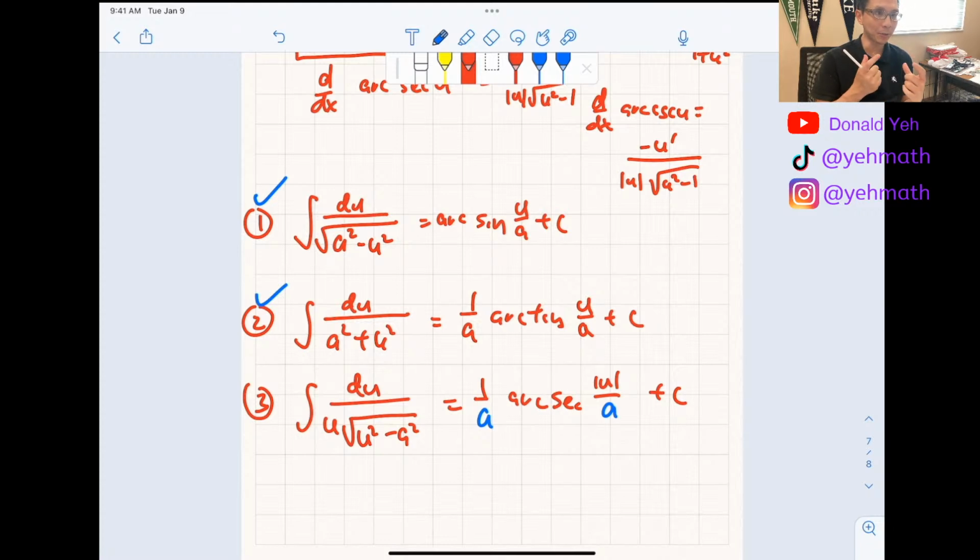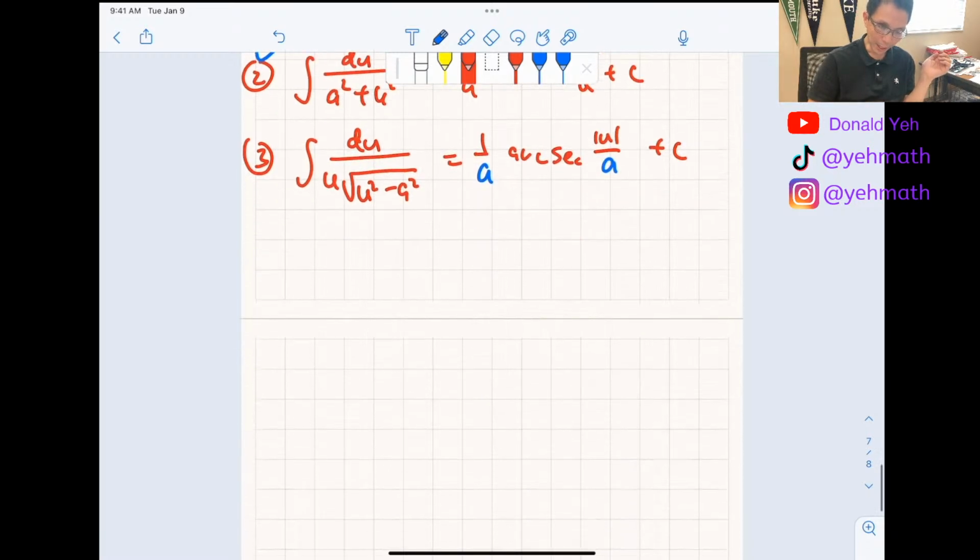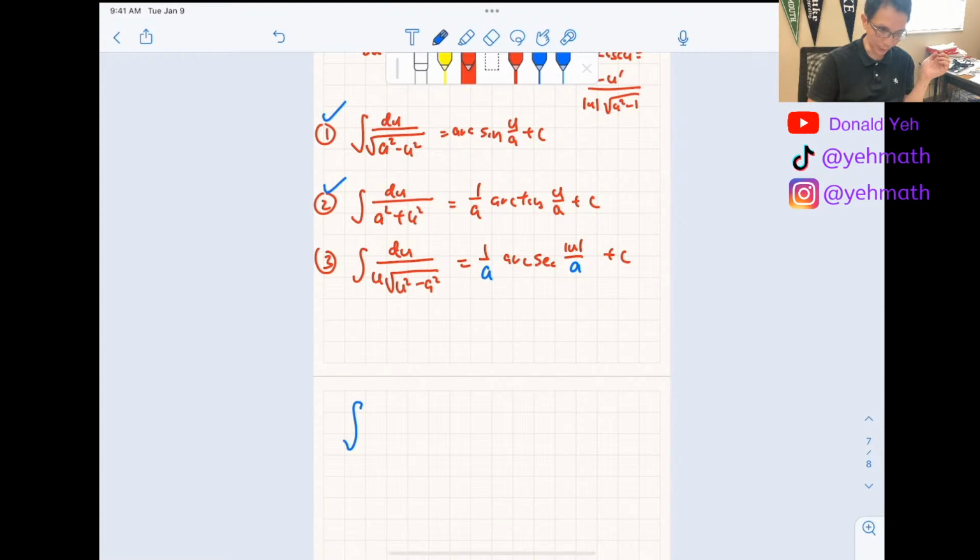If you see a squared, u squared in a denominator, with a minus sign or inside the square root, they always deal with inverse functions. The reason is you cannot use u substitution here. No way you can do u substitution. So for example, if I asked you to integrate this and you look for u substitution, you're going to see an issue.